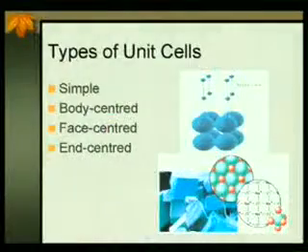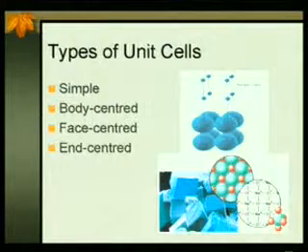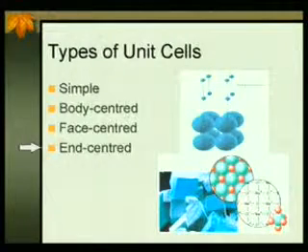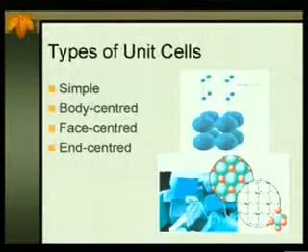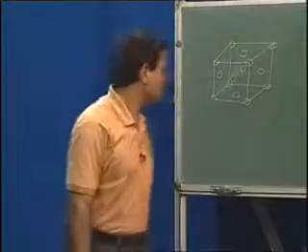The fourth type of unit cell, which is known as the end centered unit cell, is not so common. It is very rare, and this can be drawn like this.